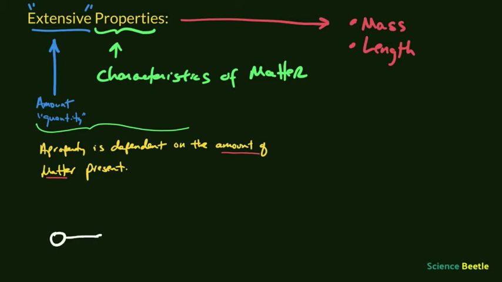Here's my generic car. Yeah, I know it's a funky looking car, so just bear with me. Let's say we have this car here. What if I measured it from this point all the way over here? And let's say for the sake of argument that this car is approximately 8 feet long.